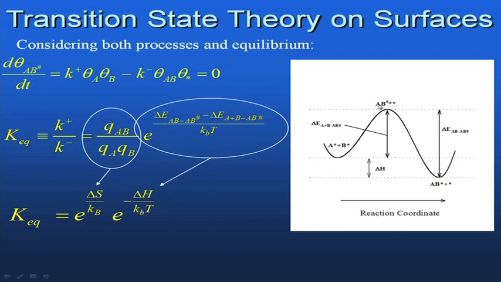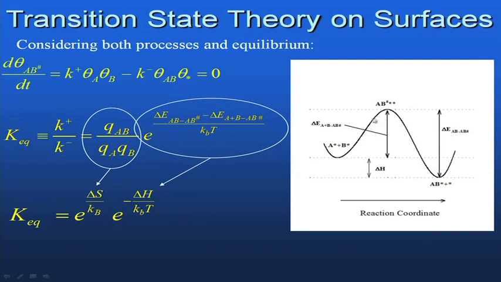These two, adsorbed A and adsorbed B, will form an activated complex, and then it will come down to here, giving rise to AB star plus star. Star means one position is made vacant. So what is this? This is the energy difference between this activated state and the adsorbed AB star.